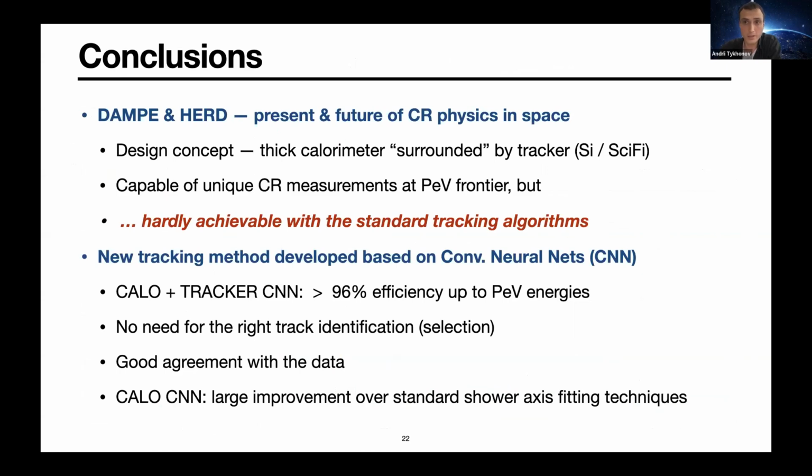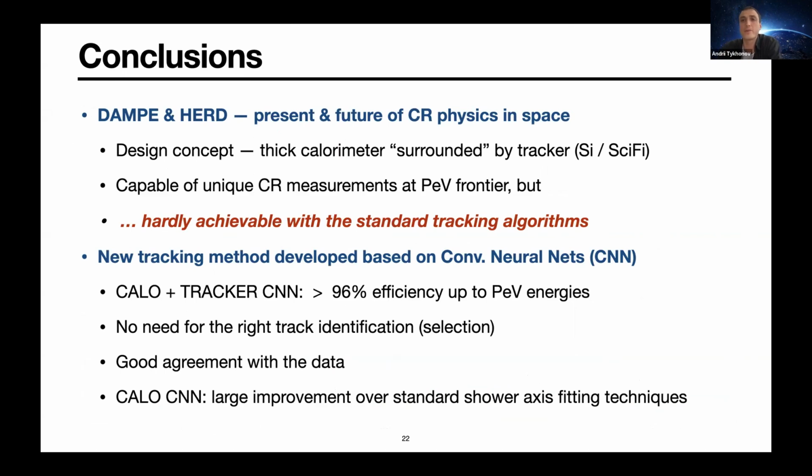To summarize, DAMPE and HERD instruments represent the state of the art of cosmic ray physics in space at the highest energies. And HERD is actually a next-generation mission. These experiments share the same ideology, where you have a thick calorimeter inside and it is surrounded by a tracker. They are capable of unique measurements up to the PeV scale.